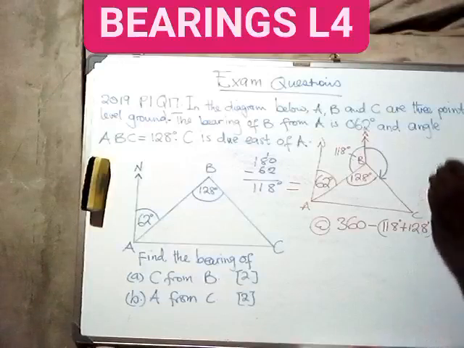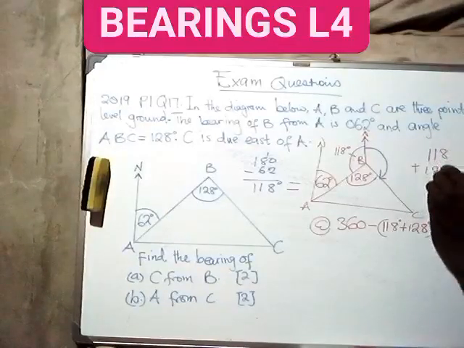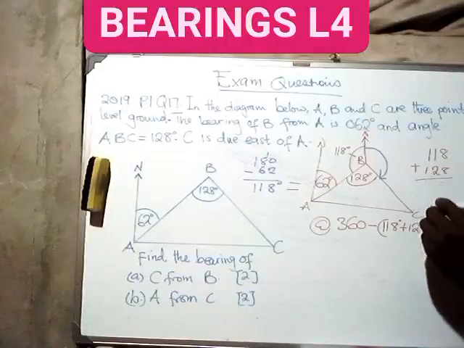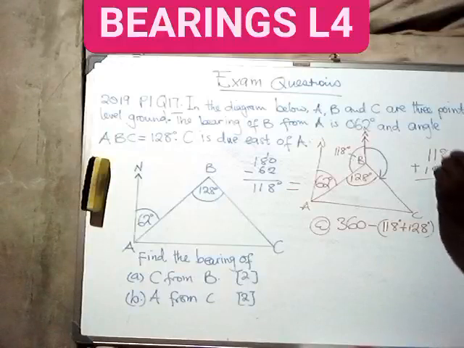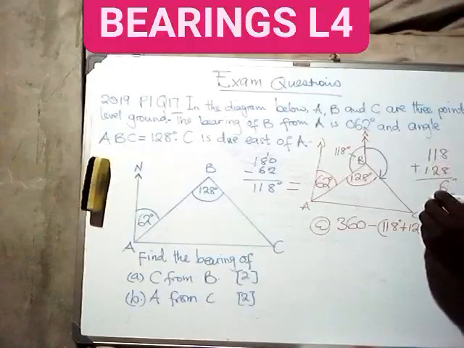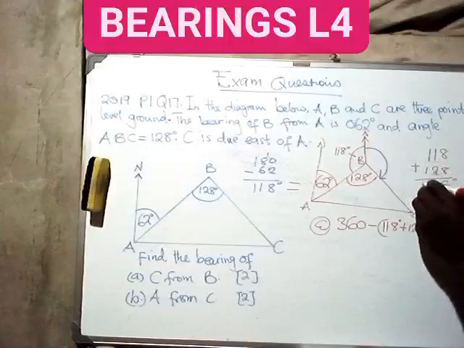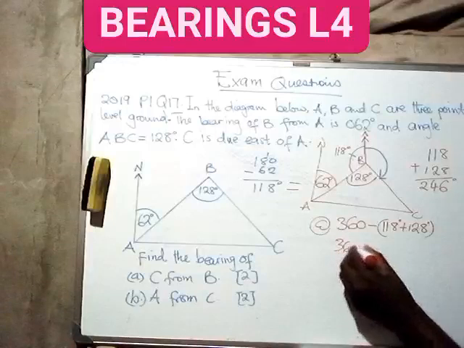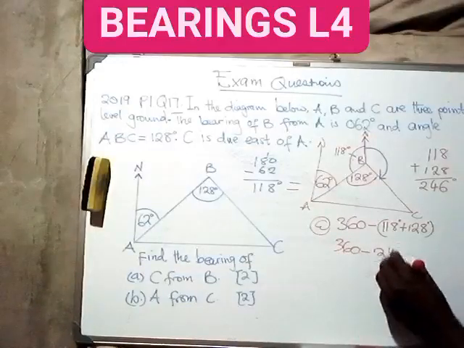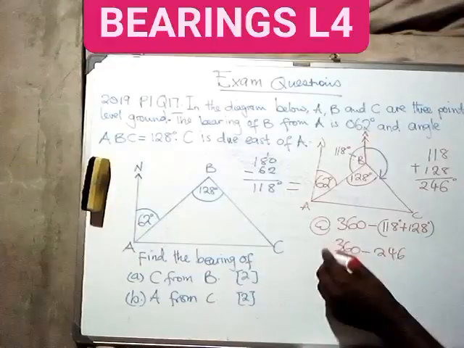Now, what is 118 plus 128? 8 plus 8 is 16, 1 plus 2 is 3, plus 1 is 4, then 2. So this means that we are going to have 360 minus 246.